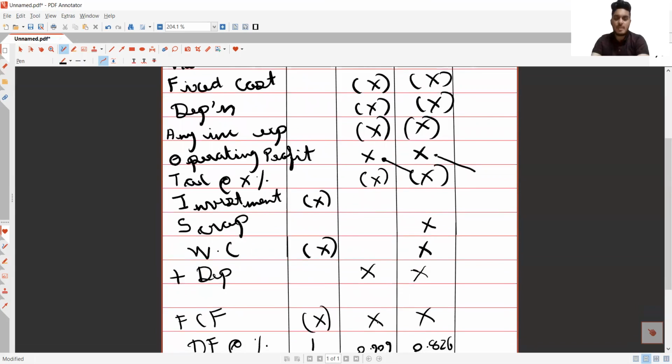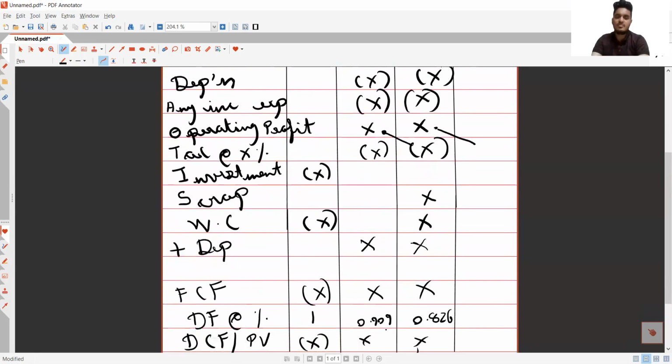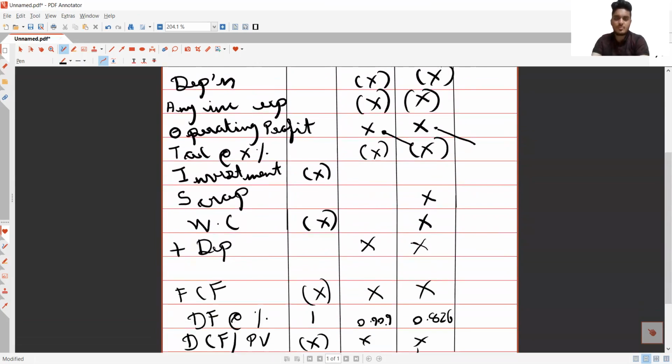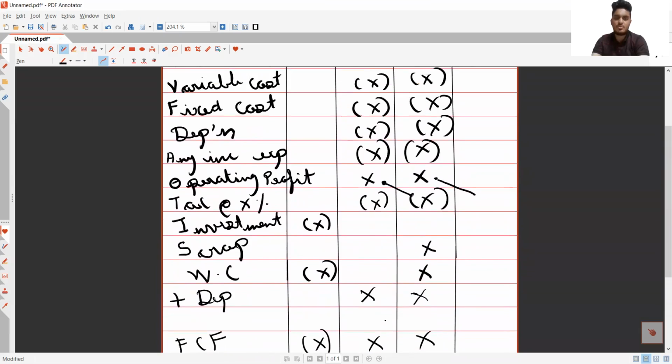Now guys, there is one small thing which I want to tell you as well. There's a very interesting mnemonic to remember. I understand that it may be a little difficult initially to grasp all these. There's a small little mnemonic which will help you and let you know what you are supposed to include here. It's called OTISW: O for operating profit, which is here.